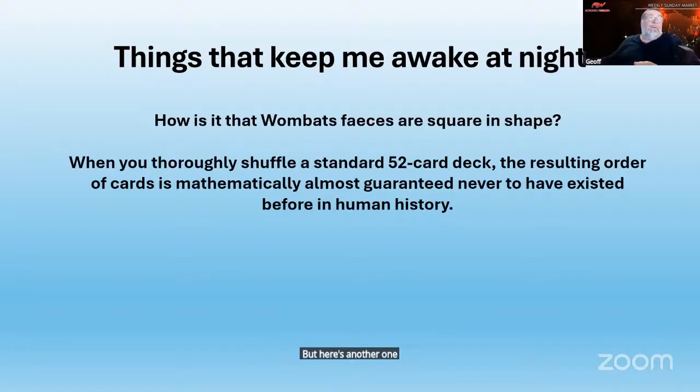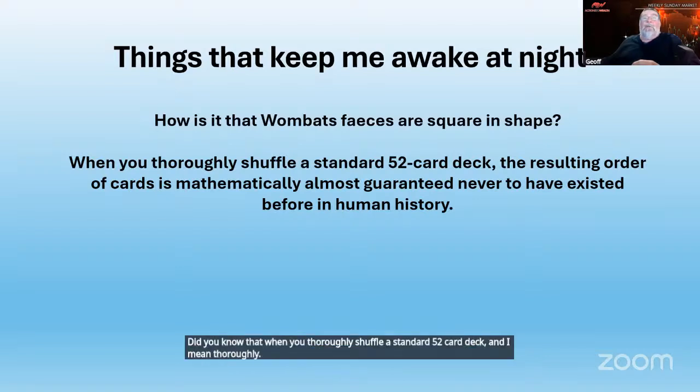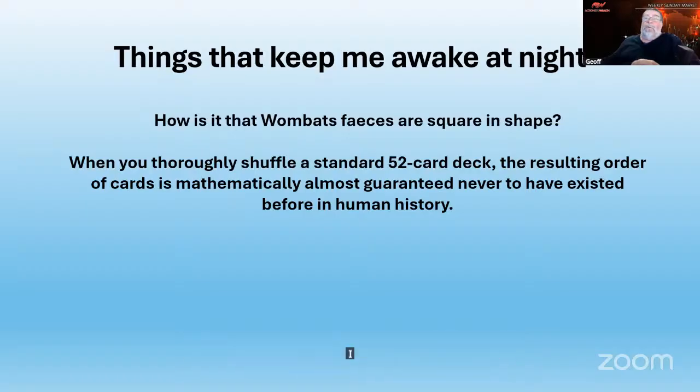But here's another one. Did you know that when you thoroughly shuffle a standard 52 card deck, and I mean thoroughly, the resulting order of cards is mathematically almost guaranteed, I like this word almost, never to have existed before in human history? That keeps me awake at night because I've done a bit of that and I don't believe it.